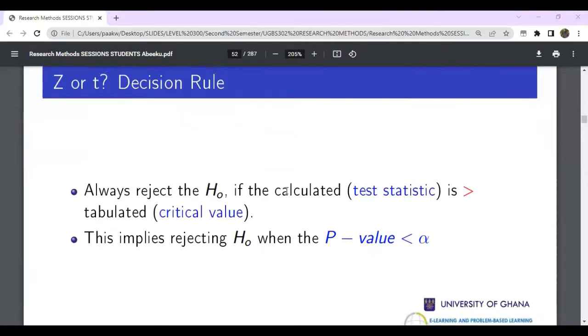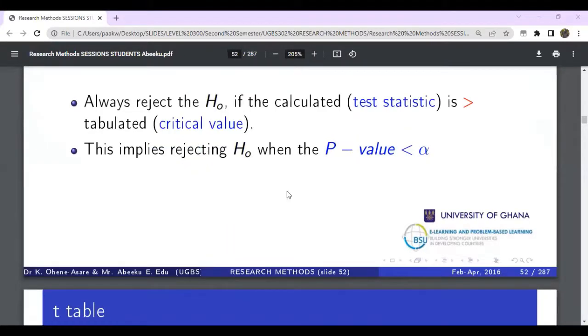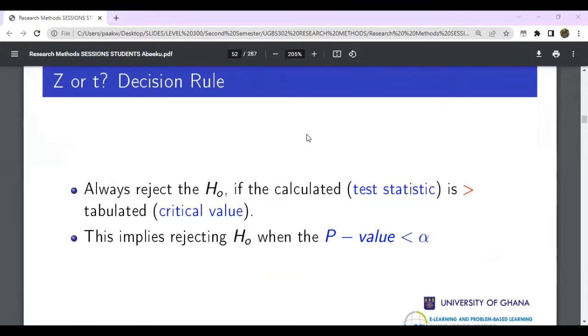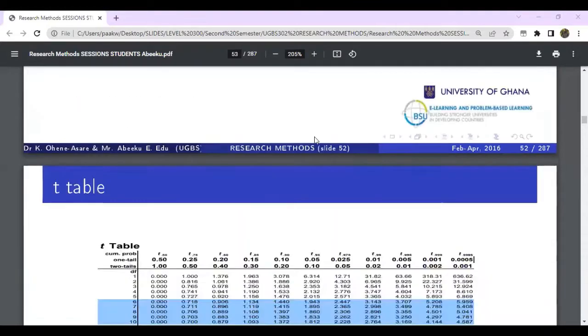This is the critical value approach. This implies rejecting H0 when the p-value is less than alpha. These are the decision rules that you use to make a conclusion.